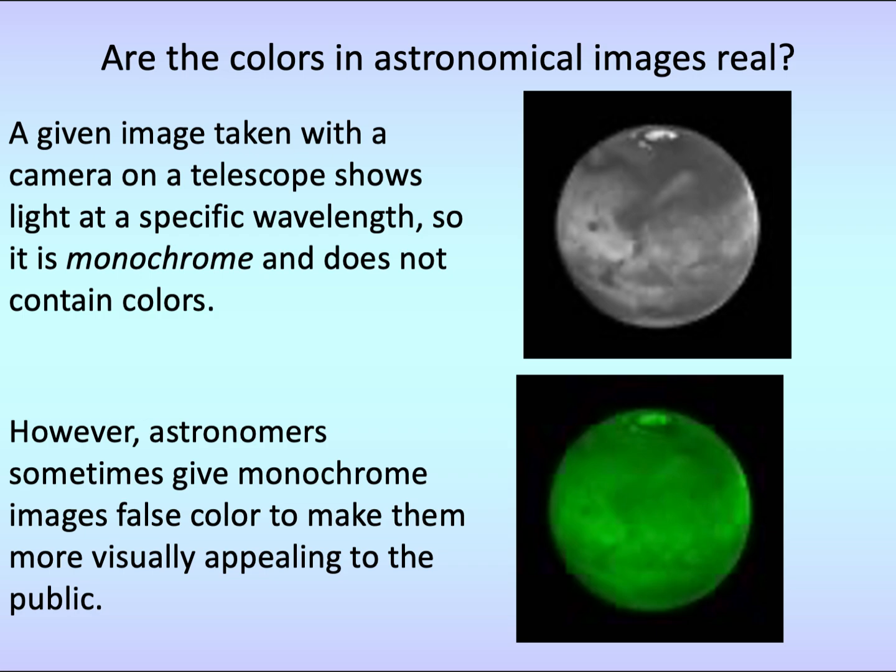Images taken with a telescope camera are taken at a specific wavelength, so they are monochrome, or without color. But since a bunch of black and white pictures are pretty boring, a color is often added to make a picture more attractive and easier to see details.